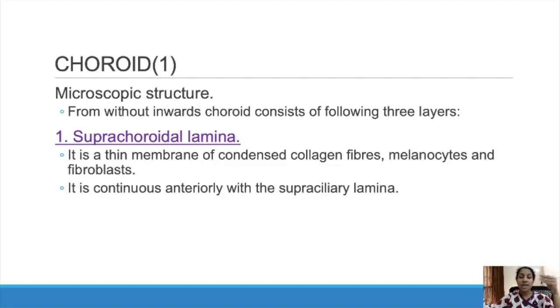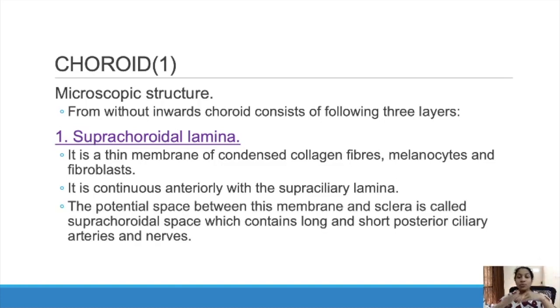It is continuous anteriorly with the supraciliary lamina of the ciliary body, and the potential space between this membrane and the sclera is called the suprachoroidal space, which contains long and short posterior ciliary arteries and nerves which supply this uveal tract.